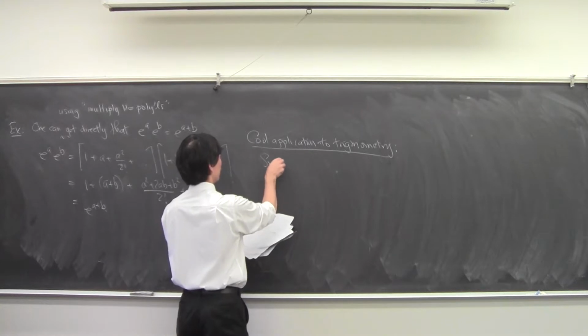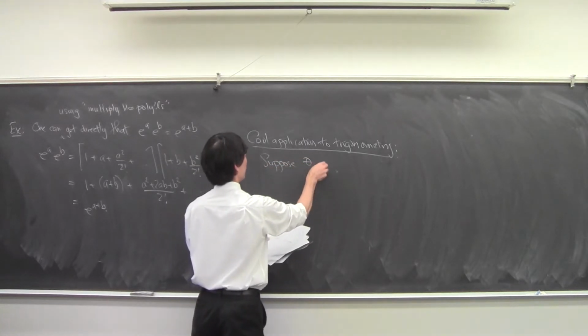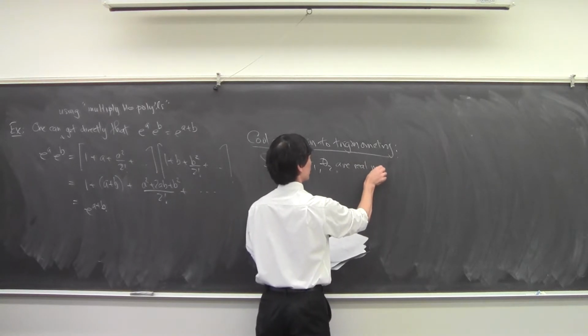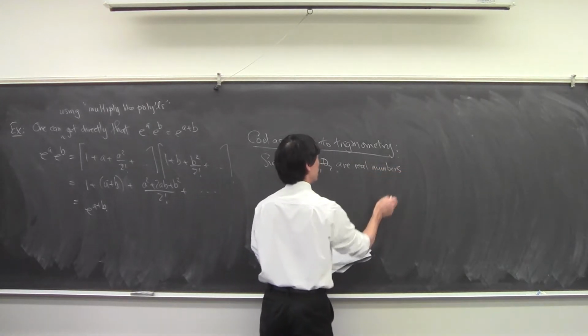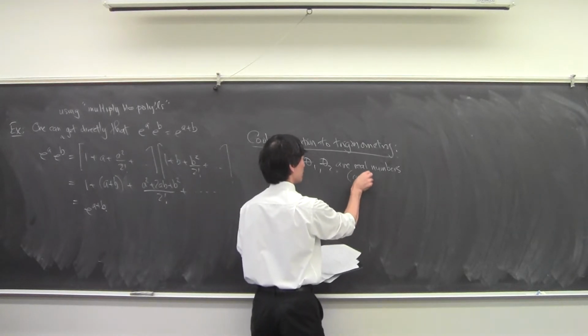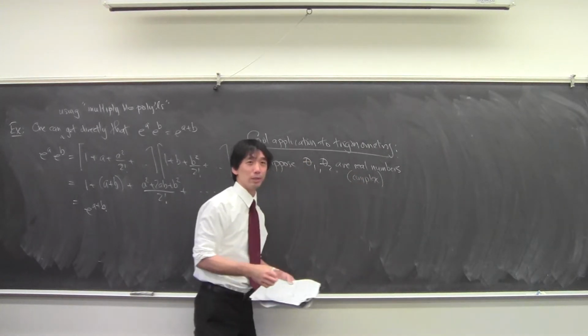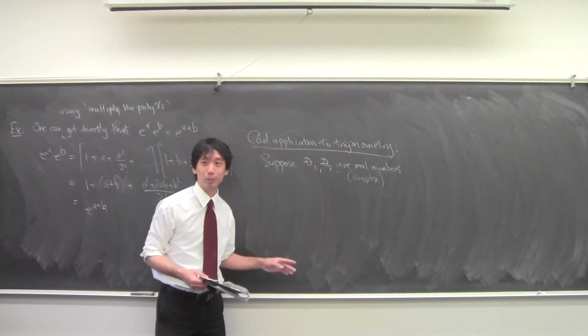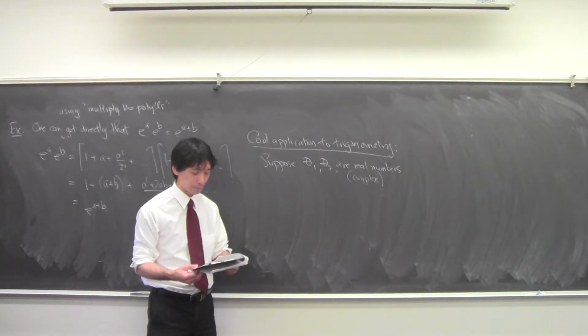Suppose that theta 1 and theta 2 are real numbers. This will actually work even if they're complex numbers, but you have to be just a tad more careful. Let me just show it for real numbers for succinctness.